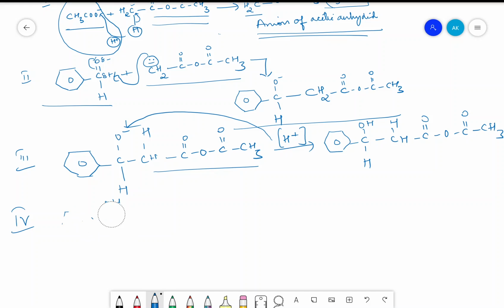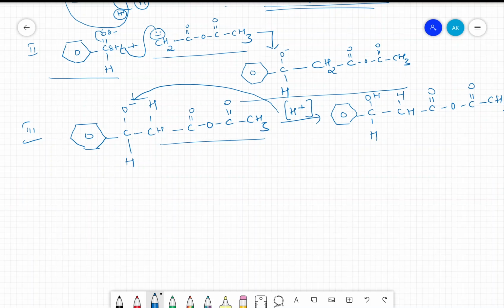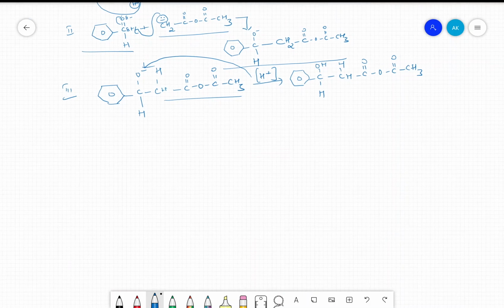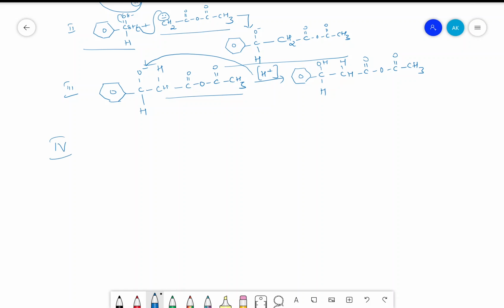For better representation, we'll write C, OH. Here H was already there. C H H and C double bond O, O C double bond O, CH3.